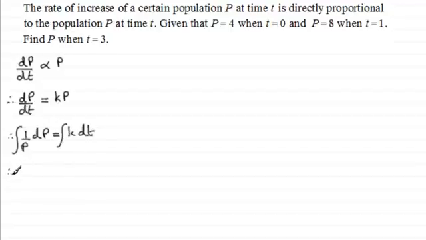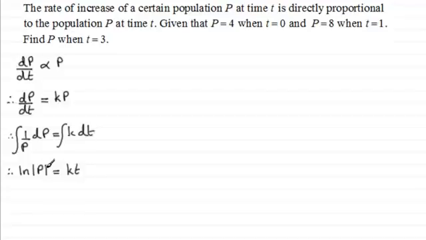So what do we have here? Well, the integral of 1 over P with respect to P is going to be the natural log of P. And for the integral of the constant k with respect to t, that's going to be kt. Now in the past I've shown you that you have a constant from here and a constant from here.